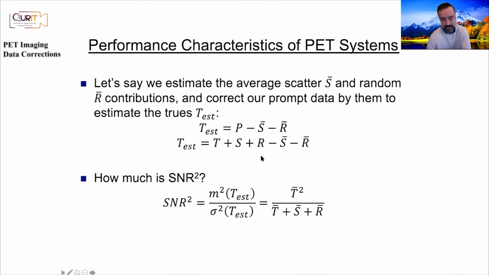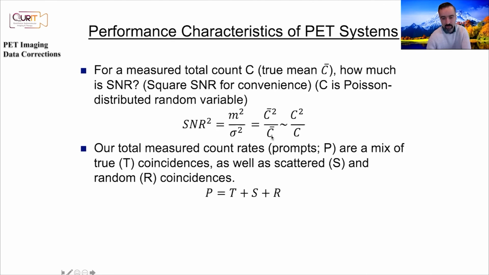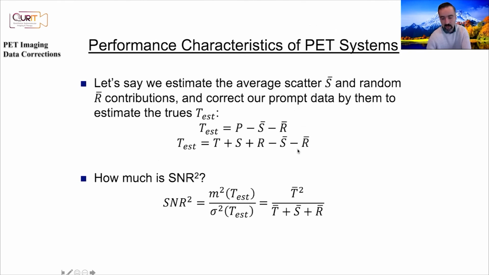For the variance, however, you cannot do that, because the variance of A plus B plus C turns out to be equal to the variance of each one of them summed up. But the variance of T is T with an overline. Variance of S is that. And variance of R is that. Remember this formula here? Variance is equal to the mean. But these ones are already average terms, so they don't have a variance, presumably, right?